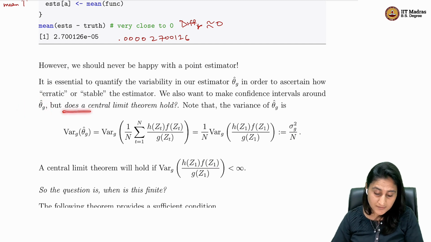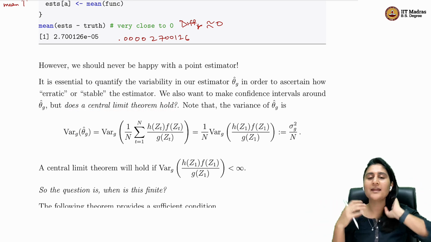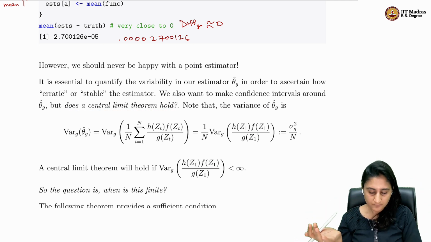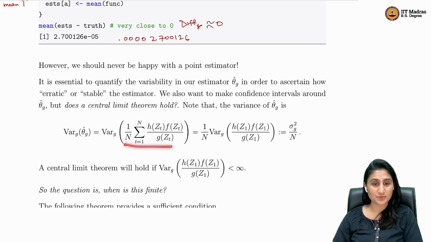But does a central limit theorem hold? Previously in simple Monte Carlo, we relied on the central limit theorem. But does it hold in this case or not? We're not sure, so we have to understand that. First note that the variance of theta hat g is nothing but the variance of the actual theta hat g.